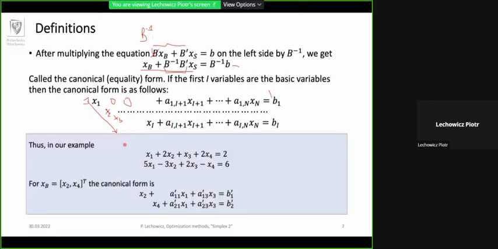So in our example, if we choose x2 and x4 as the basic variables, then the system of equations in canonical form looks like this. So here we have our basic variables, and here we have some other coefficients from the multiplication of these matrices, and some right-hand side of the equations which we have to evaluate.